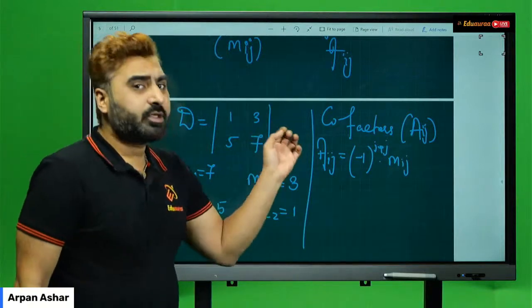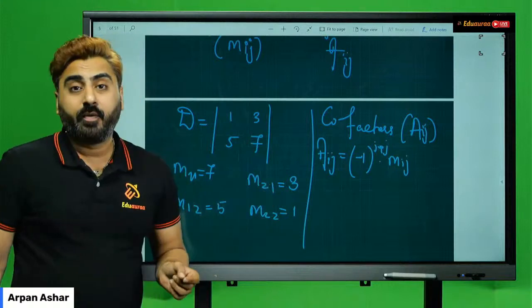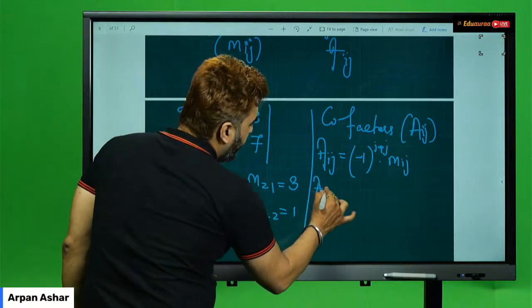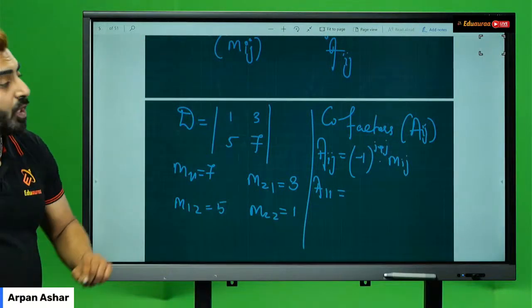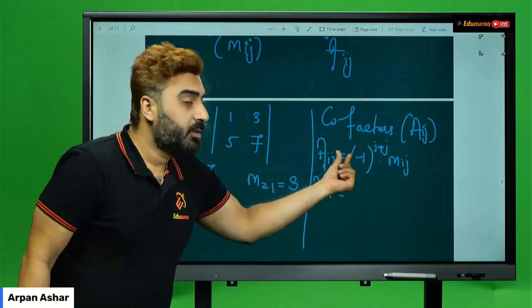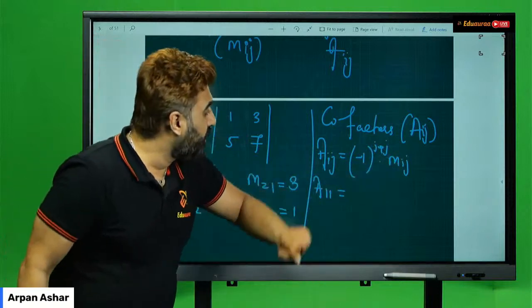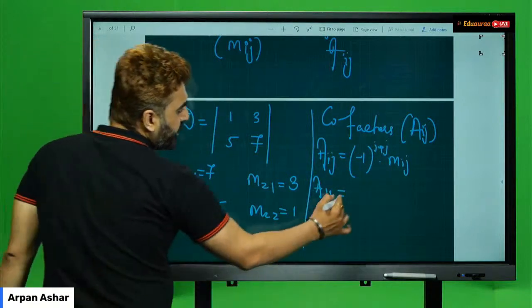Now what does our i and j denote? i and j denote number of rows and number of columns. So if I want to find A11, that means i और j replace हो गया 1 और 1 के साथ. So A11 that is (-1) raised to 2, positive. M11 क्या होगा? M11 7 है. So A11 भी 7 हो गया.